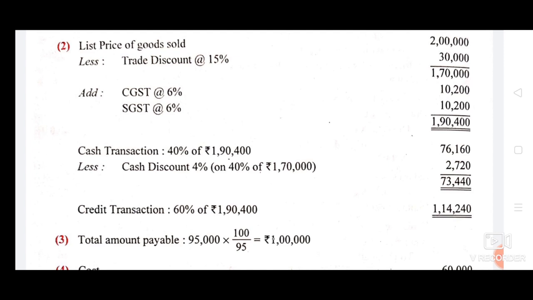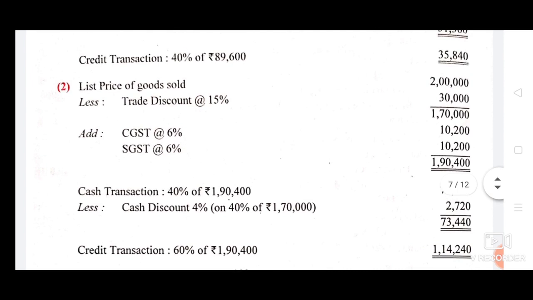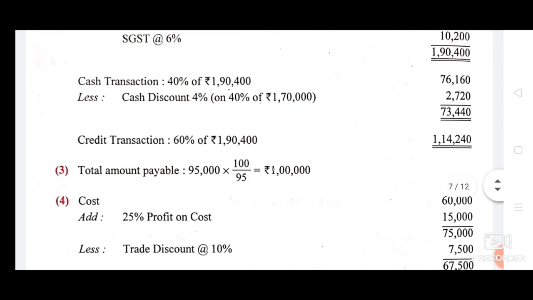So credit transaction is of 1,14,240. Cash transaction is of 76,160. Out of that, we have allowed cash discount 2,720. We have to pass this entry afterwards while passing the journal entries.